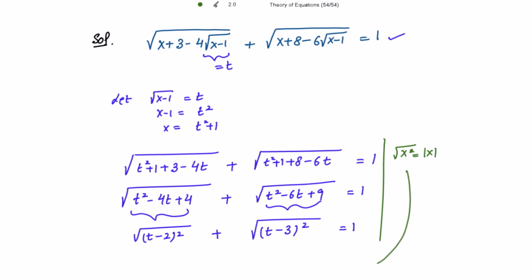So I'm going to use this result here. So square root of (t minus 2) whole square becomes the absolute value of t minus 2, and square root of (t minus 3) whole square becomes the absolute value of t minus 3.